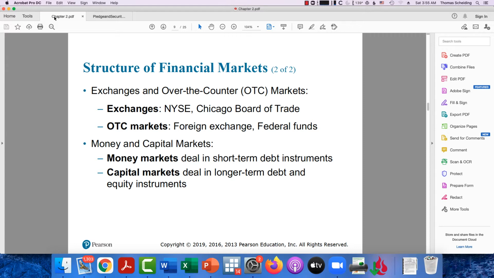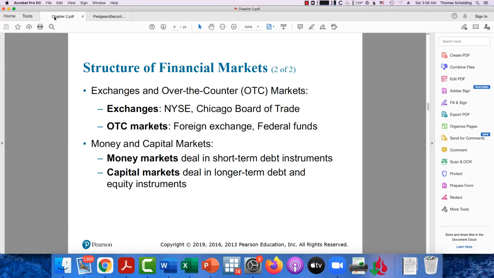The most classic kind of exchange is the Chicago Board of Trade, which you have agricultural products for the most part being traded. And that's an incredibly active trading floor. The pandemic has sort of changed everything. I think the Chicago Board of Trade is now no longer going to do active trading in that kind of way.